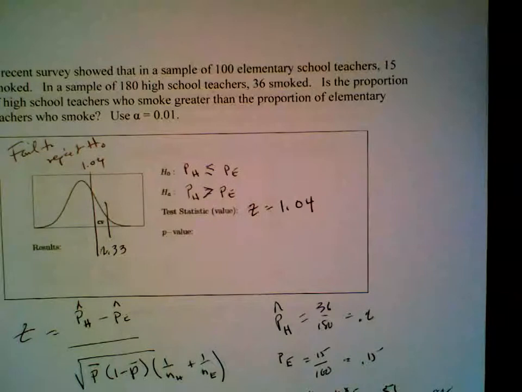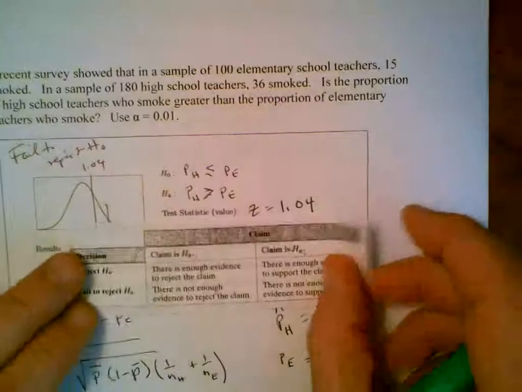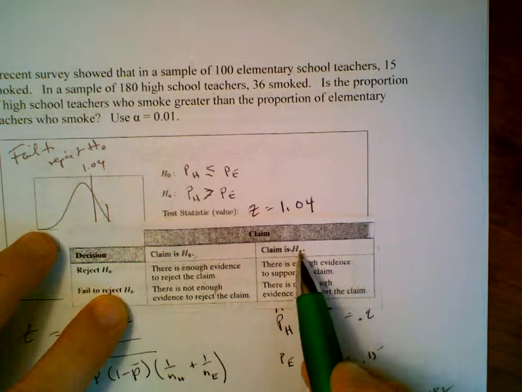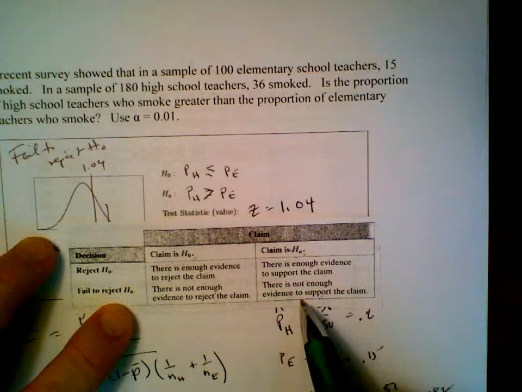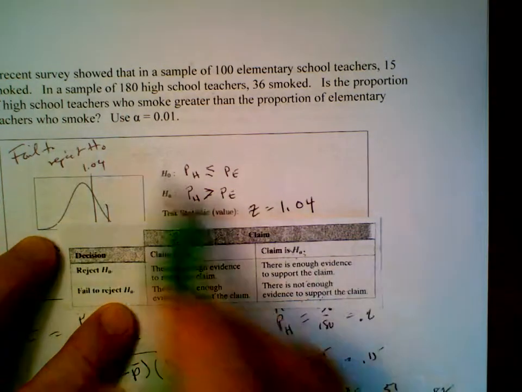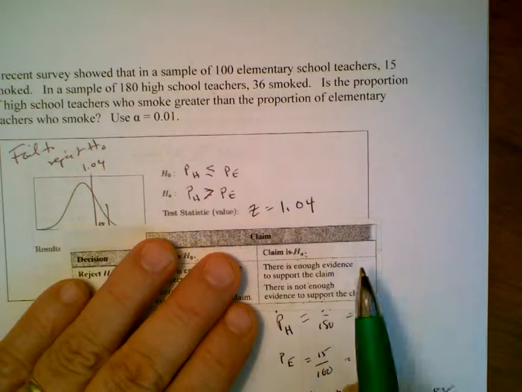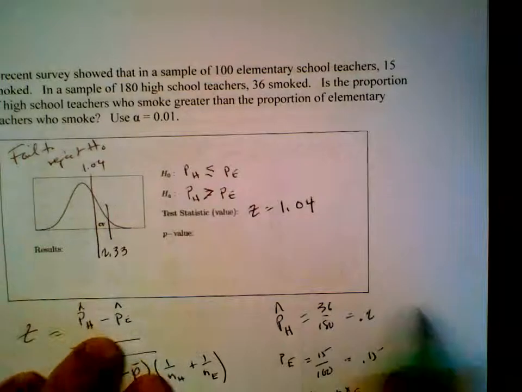What's the answer in words? We look at our helper. Claim is H sub A. Fail to reject. There is not enough evidence to support the claim that more high school teachers smoke percentage-wise than elementary.